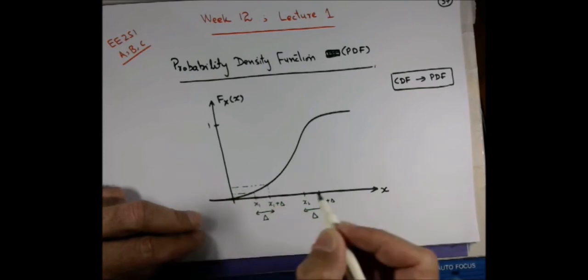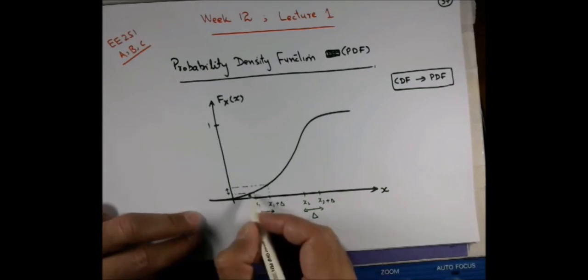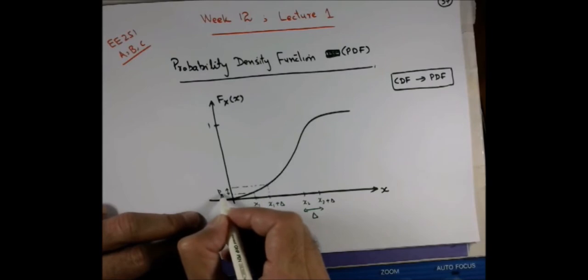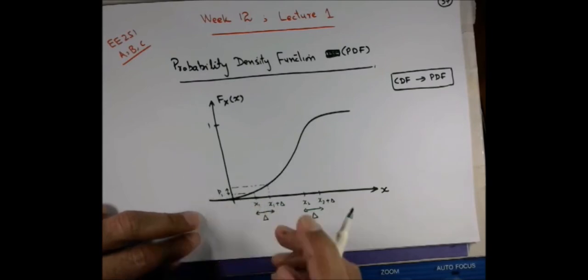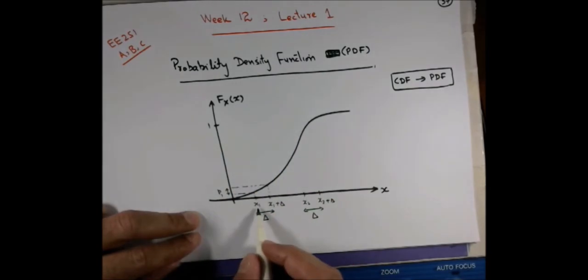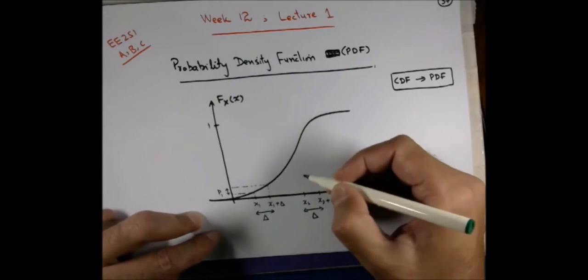Since for continuous cases the probabilities are taken in terms of intervals, so just see here, this is say probability P1, which represents the probability of random variable x if x is within this interval delta from x1 to x1 plus delta.